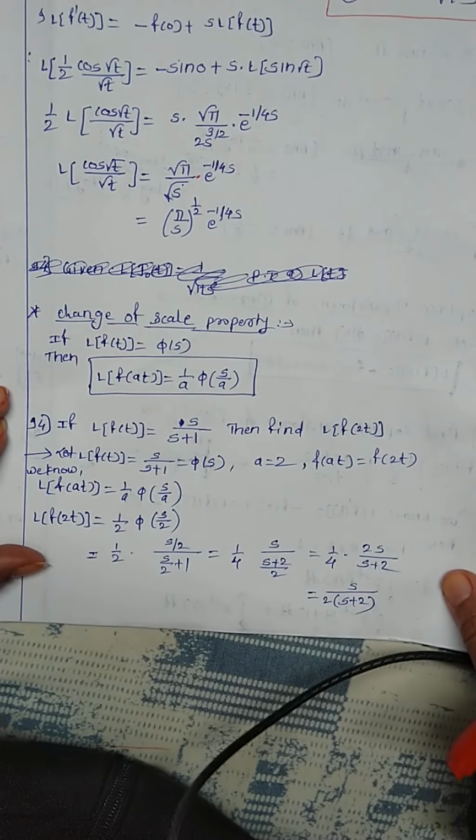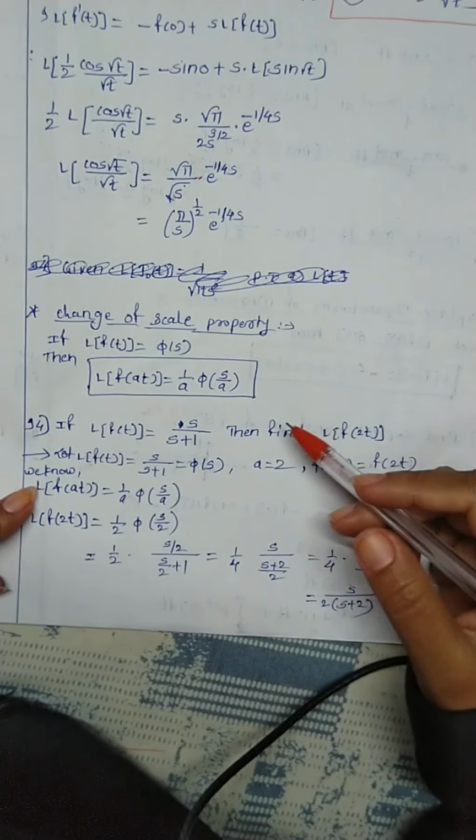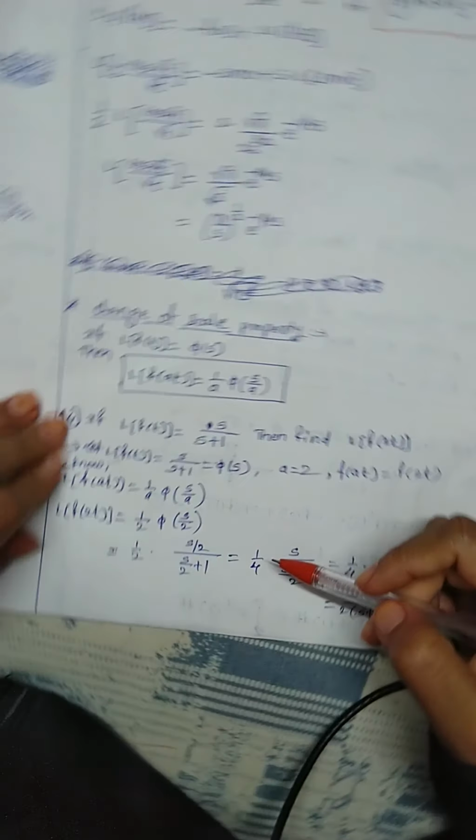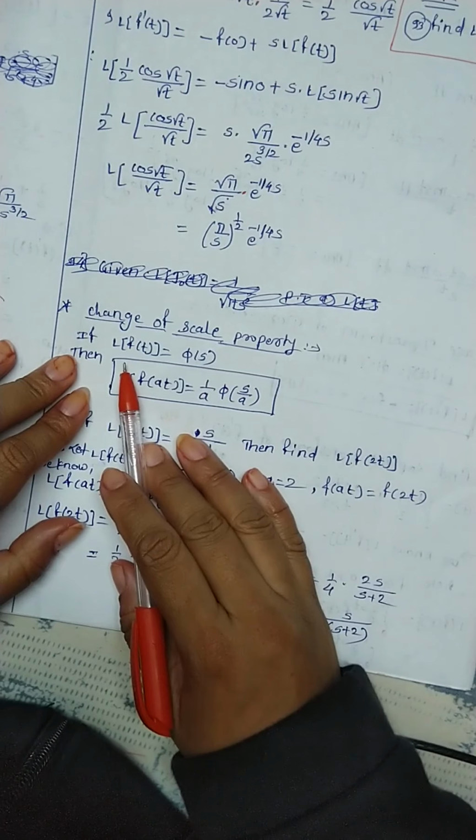Now consider the next property, that is the change of scale property. There are some examples in which we are using this. Let us see the property first.